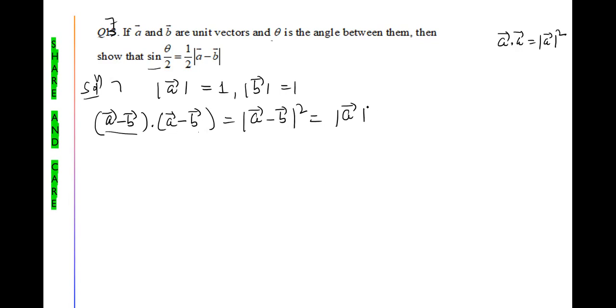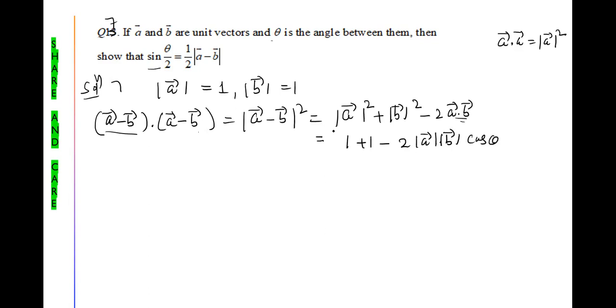So here it will be magnitude of A square plus square of magnitude of B minus twice of A dot B. So we are getting 1 plus 1 minus 2 into magnitude of A into magnitude of B into cos theta, right?